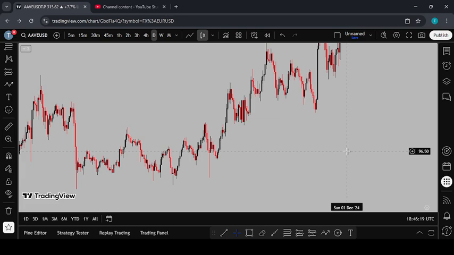Now if you want to know where price is likely going to continue the movement from, you want to enter the market, you want to trade the market again, all you need to focus your eyes on are displacements, areas where there were impulsive moves in the market.